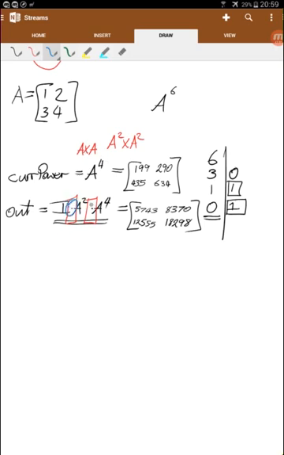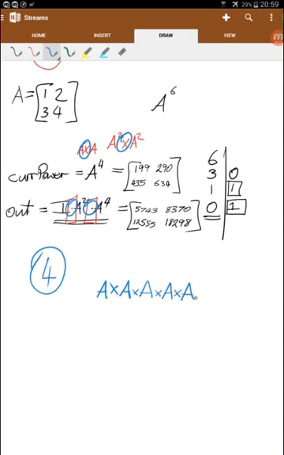So we had 4 matrix multiplications. If we used our naive method, we would have said a times a times a times a times a times a. All right, and so that would have left us with 5. So in this case, it saved us 1 matrix multiplication.